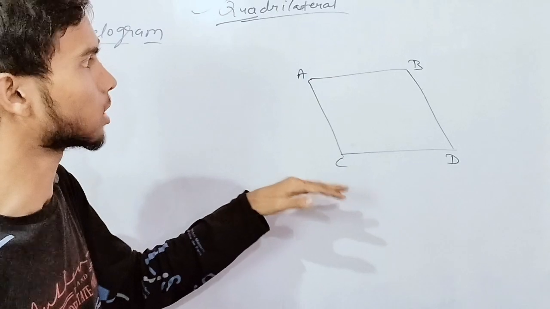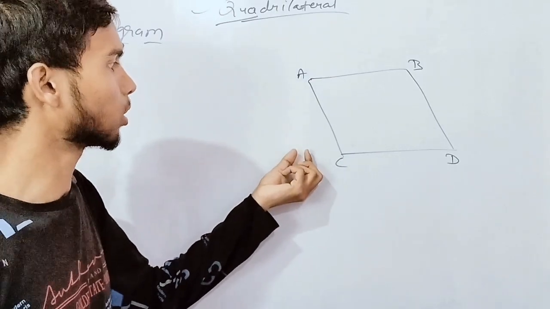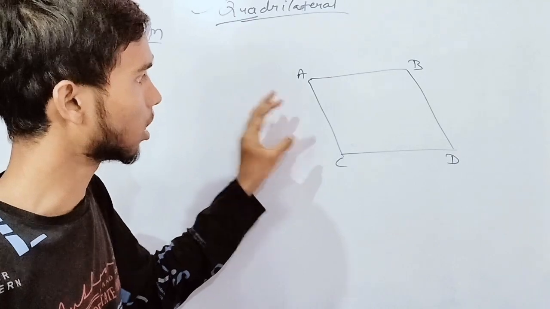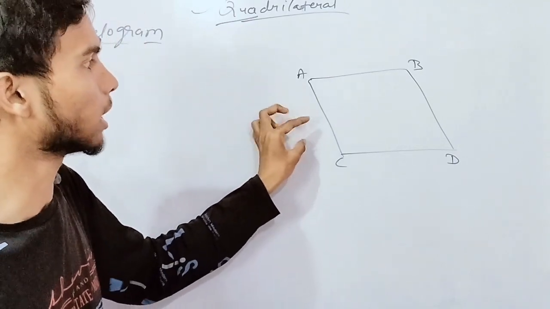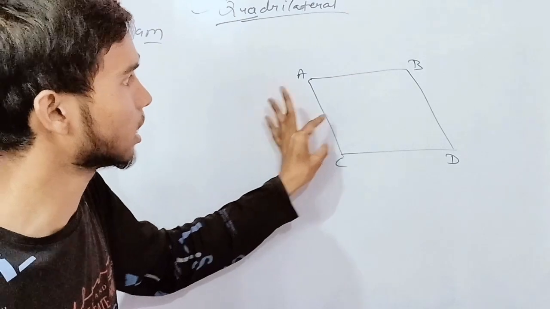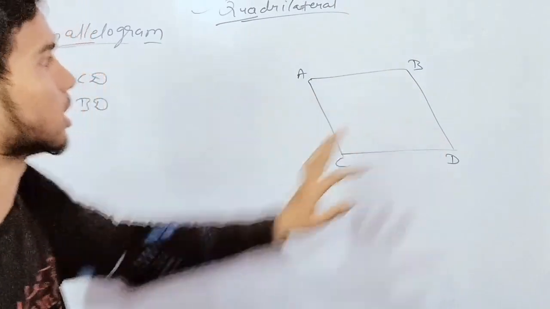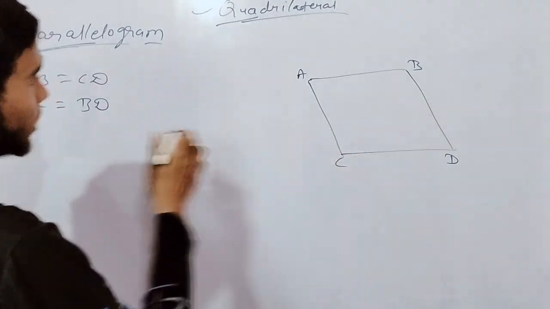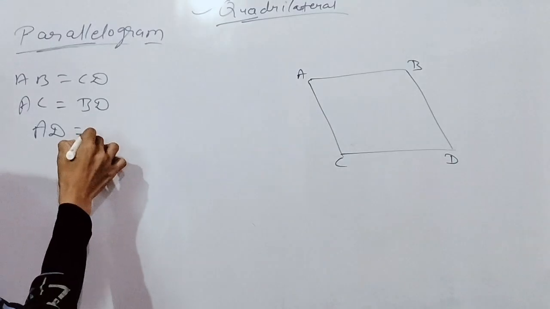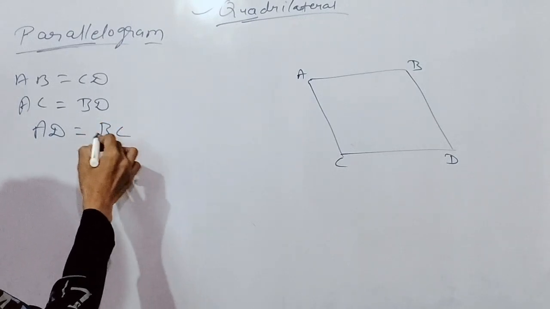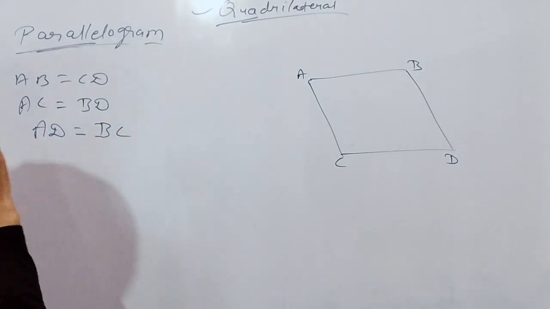Sometimes it can be 7, but most of the time it will be different. If it is 8, then it will be 8. If it is 7, then it will be 7. Now, what else? AD will be equal to BC.